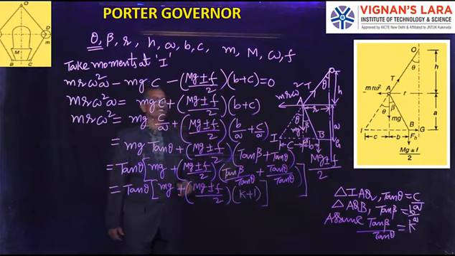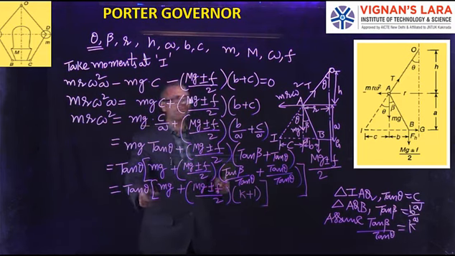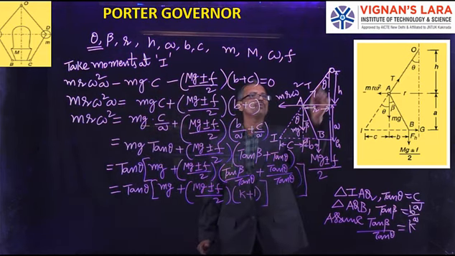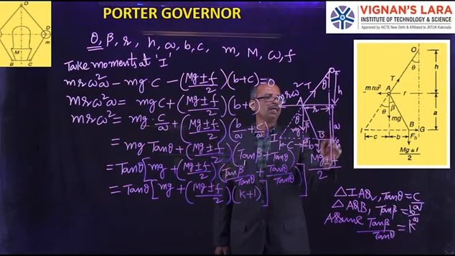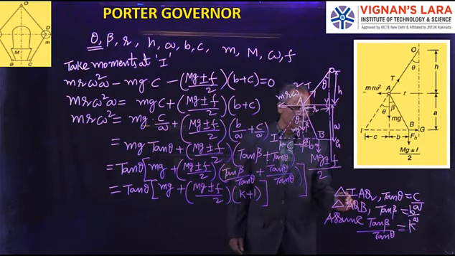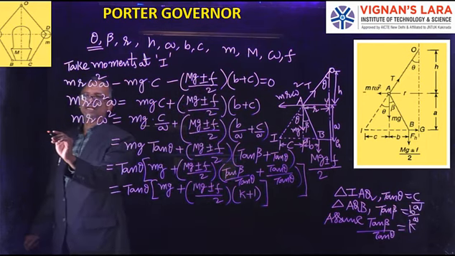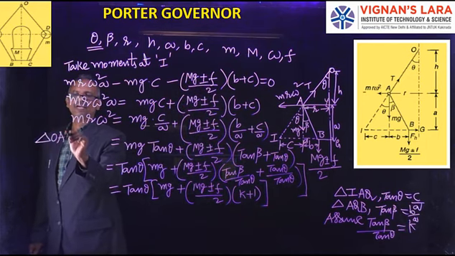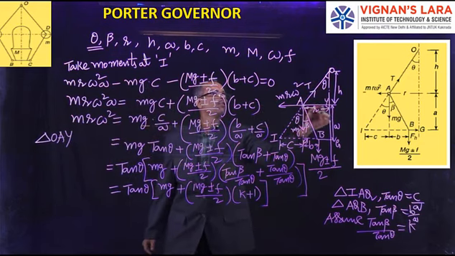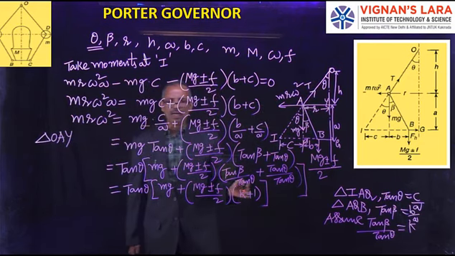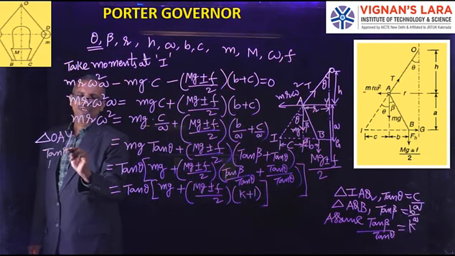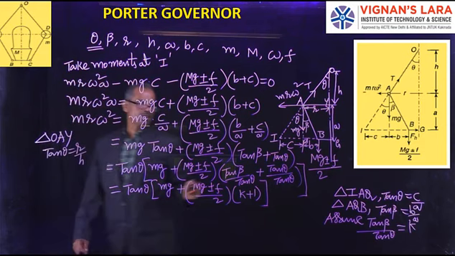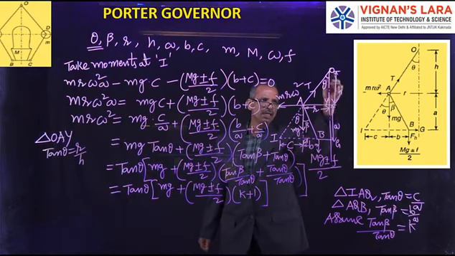Then how can we write tan θ in the other form? Tan θ can also be written from the triangle OAY. So in triangle OAY, we can also write tan θ is equal to r by h. This is the opposite side and this is the adjacent side.